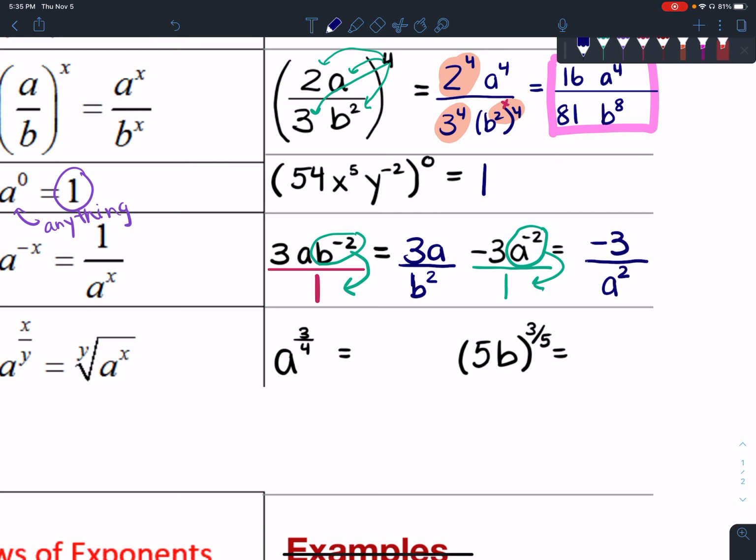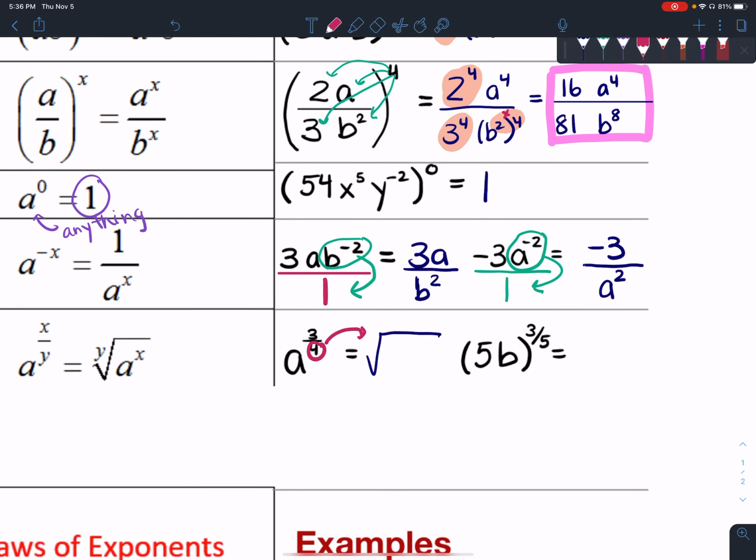So as soon as you see a fractional exponent, you put that radical sign. The denominator of your fractional exponent, that's going to go right in here. And then the rest of it will go with your a. So you're going to have a to the 3.